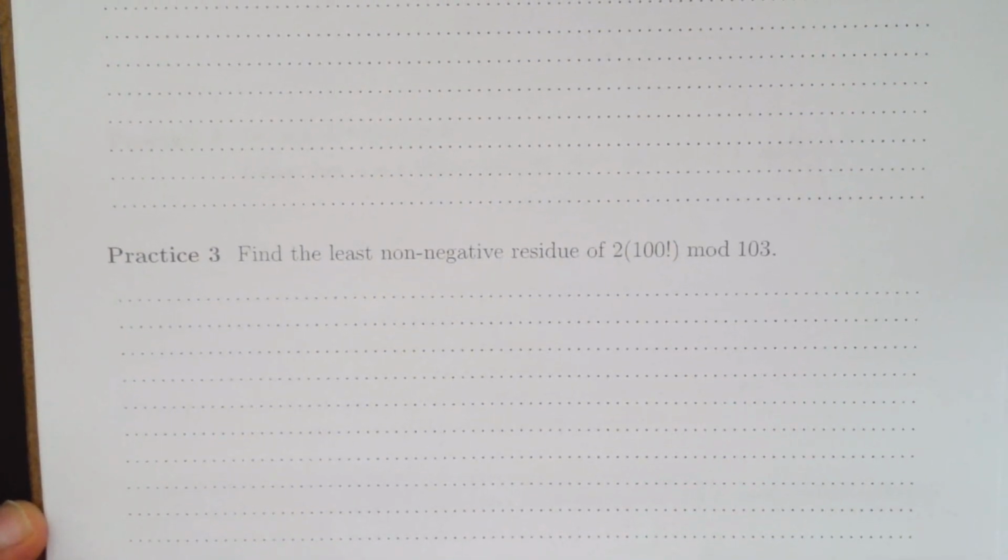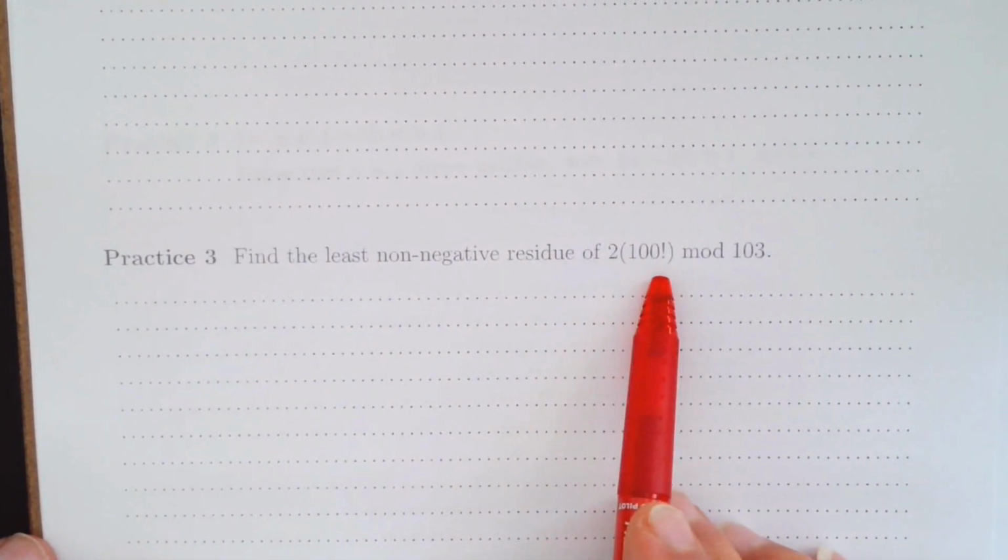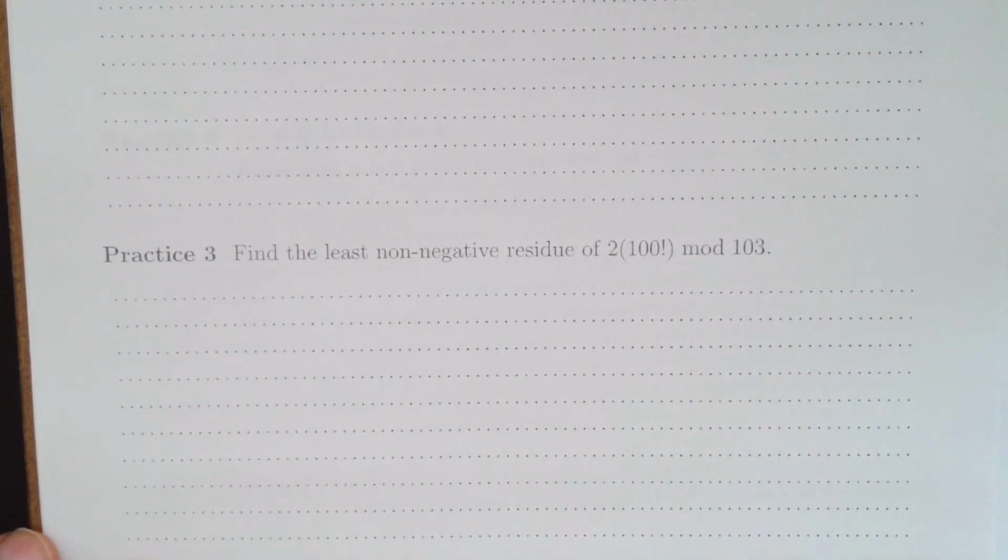We're going to find the least non-negative residue of 2 times 100 factorial mod 103.